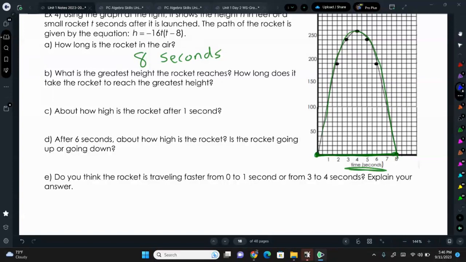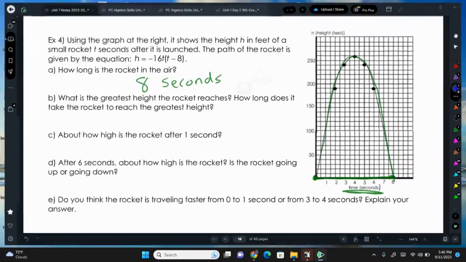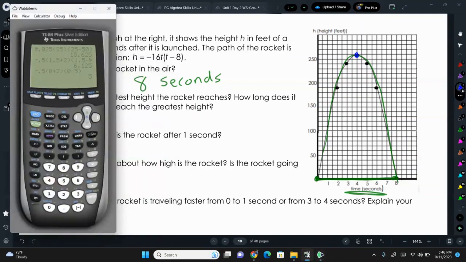What is the greatest height that the rocket reaches and how long does it take to get there? So we look for the vertex, which is right here. And we get there at 4 seconds. You might be able to tell from the graph that it's like 260, but we want to be able to get the exact answer.